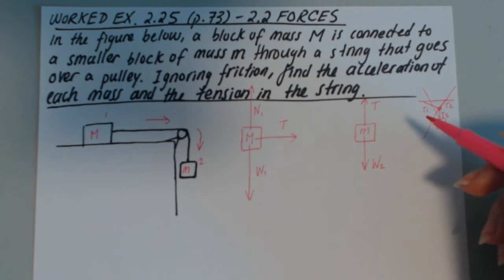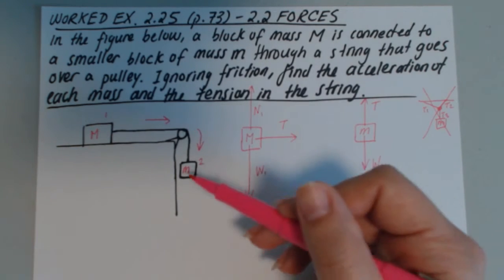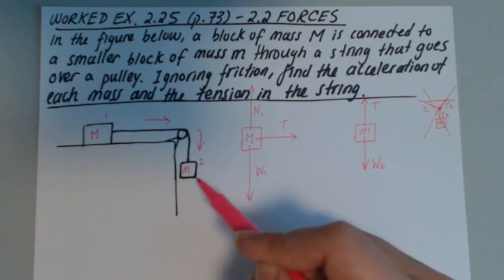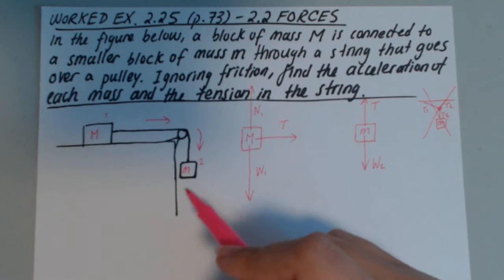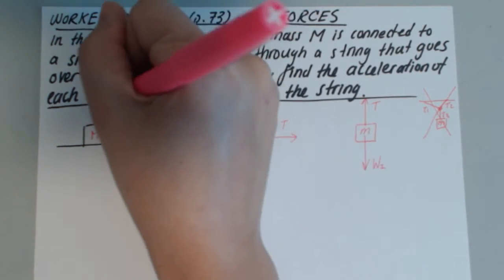Speaking of different directions, if you watched my video on the other worked example, 2.21 on page 68 involving the elevators, I explained that whatever you choose as your positive direction, that should be the direction of your acceleration, right? So if this system is in fact moving right and down, that means little m is moving downwards and capital M is moving to the right.